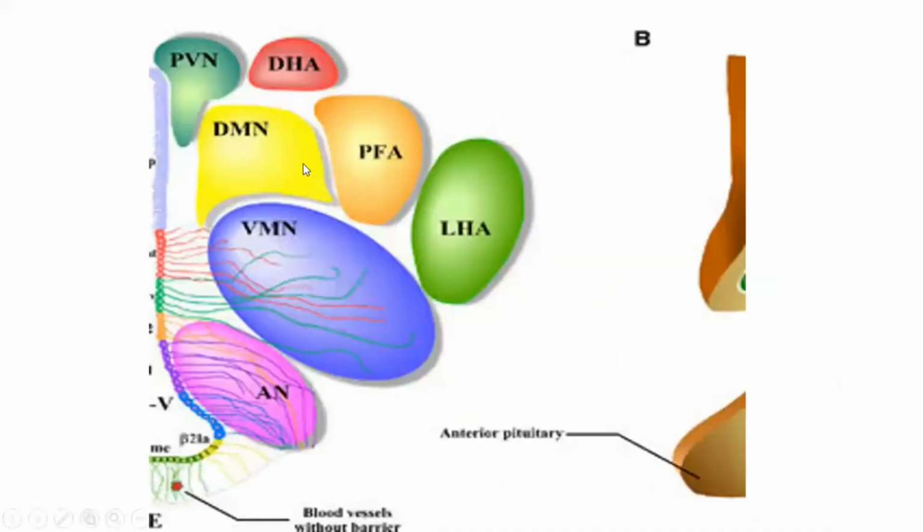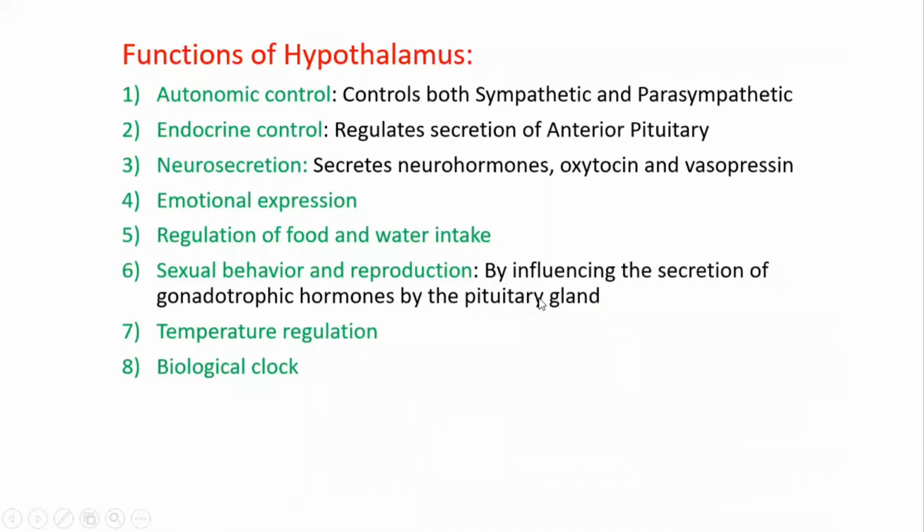Also here you can see some from a superior view. So, functions of the hypothalamus: as we also said, some nuclei have autonomic functions which control both the sympathetic and parasympathetic nervous system.